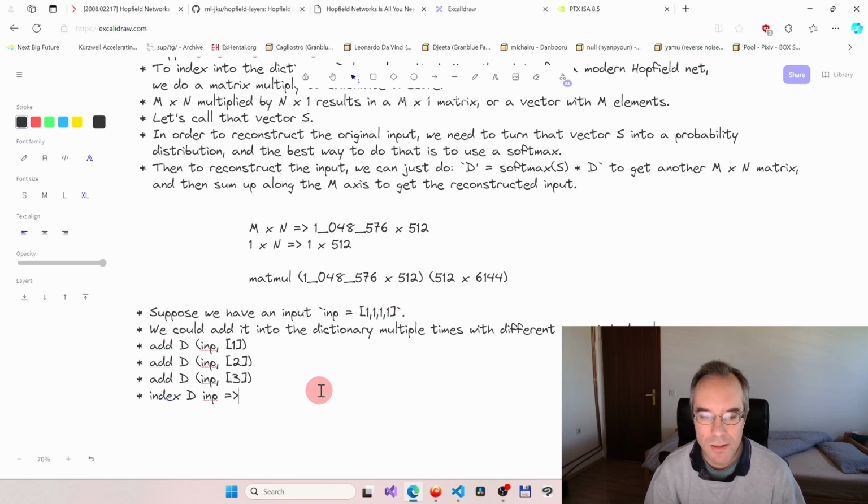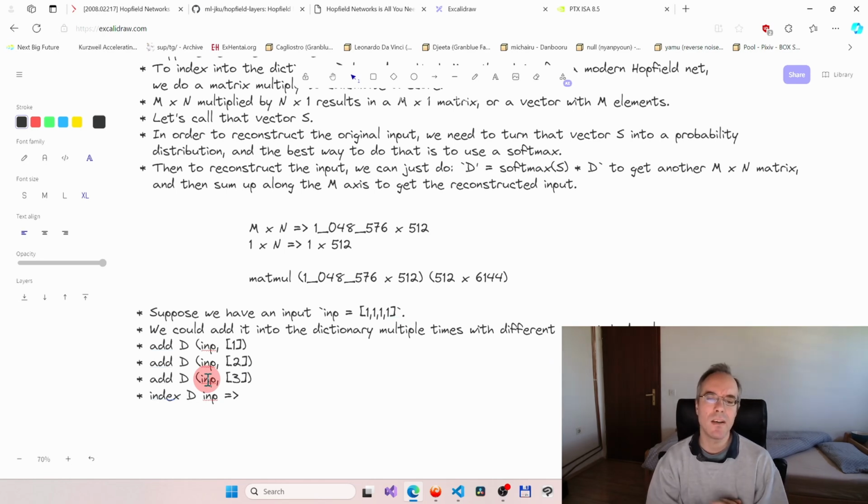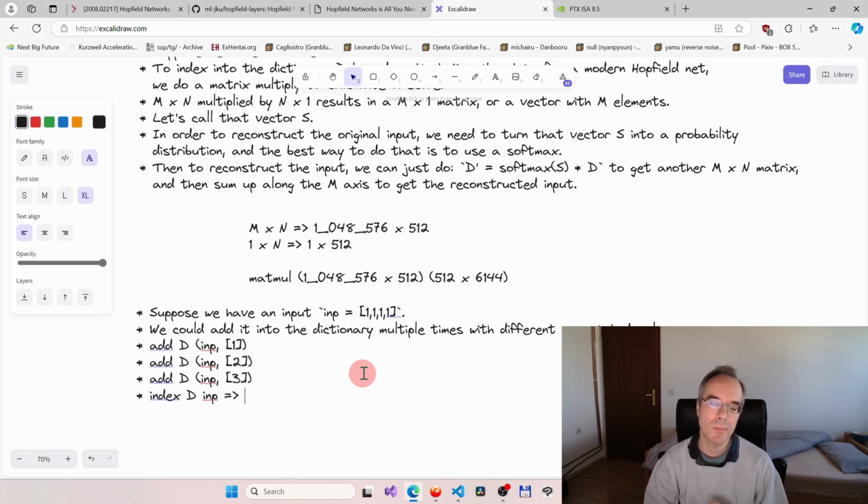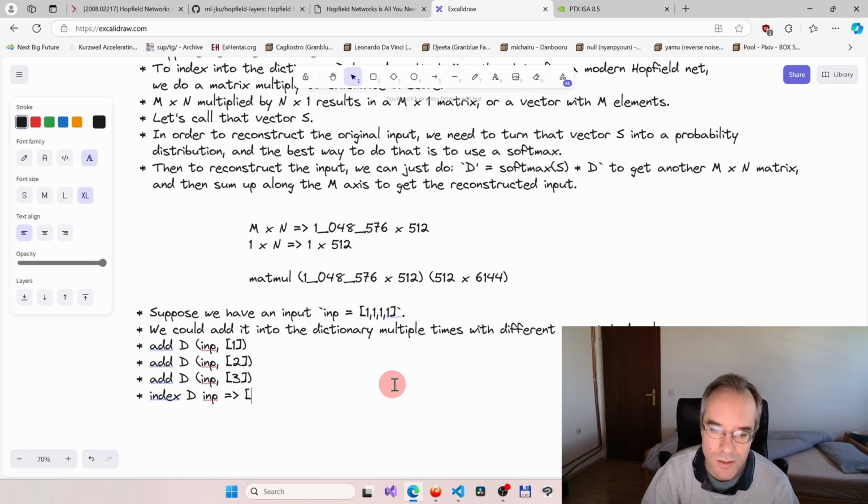And what we would get is the average of these 3. We do a softmax over the inputs, and we'd see that all of these 3 inputs are basically the same. So we assign 33.3% probability, 1/3 probability, on each of these inputs being correct. And when we multiply those probabilities by the values, we get back the 2, the average of these 3.